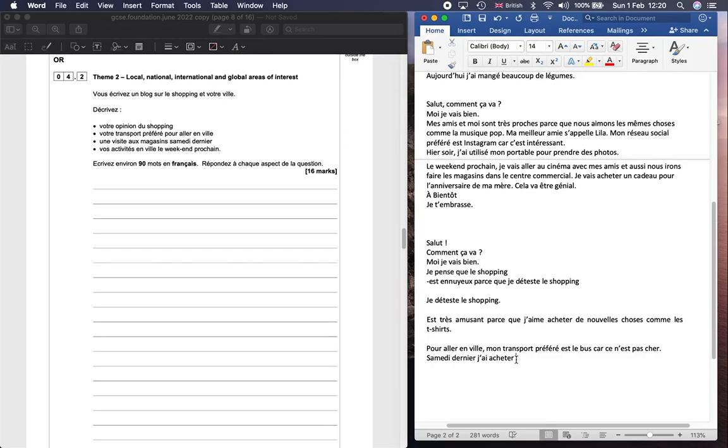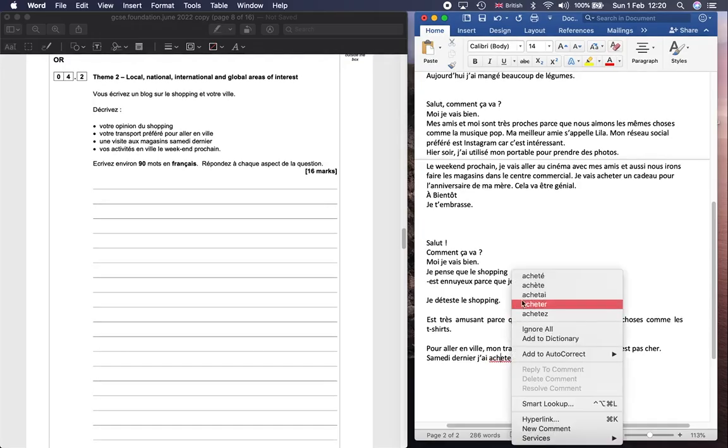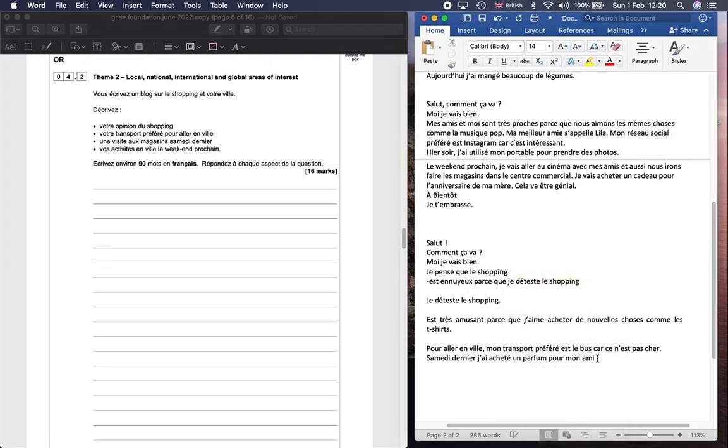J'ai acheté un parfum pour mon ami. Car c'était son anniversaire.